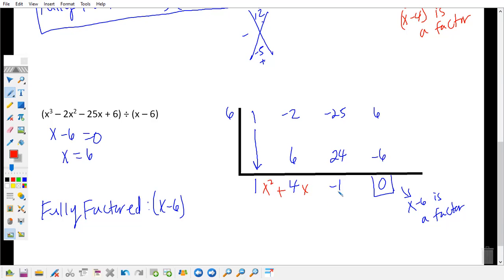So it multiplies to give me -1, but adds to give me 4. Nothing. There's nothing I can do, right? Can anyone think of anything? No? Okay. So we just have x squared plus 4x minus 1, and that's fully factored.